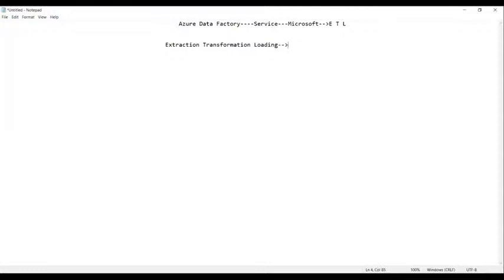Extraction, transformation, and loading. It is used to perform the data summarization.